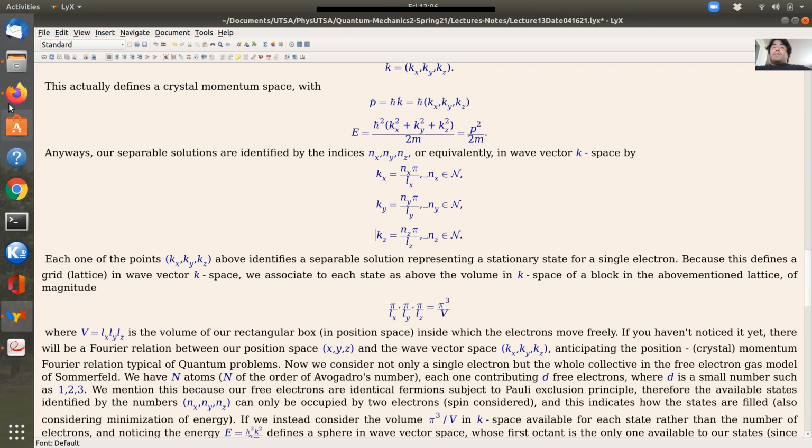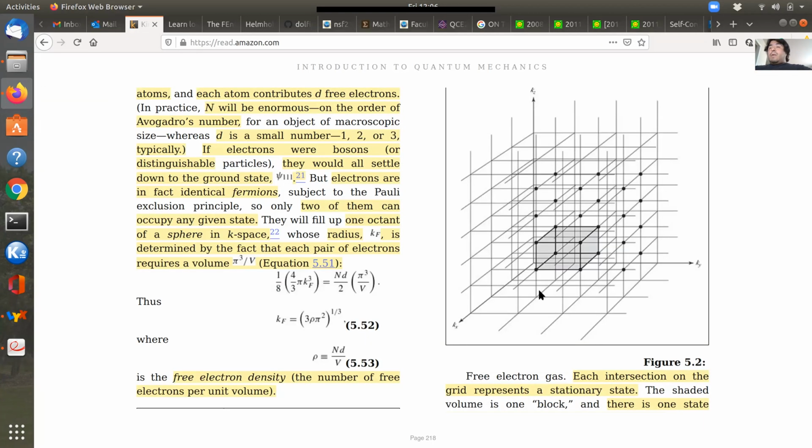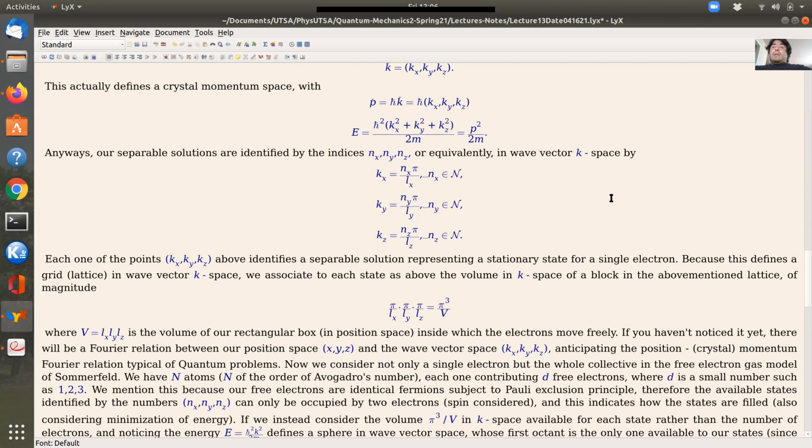So going back to the illustration, let's say that you were here, right? And you go to the next one. So perhaps because this is the y direction, the natural number associated to y has changed, but for x and z, you have remained the same, so it's okay.